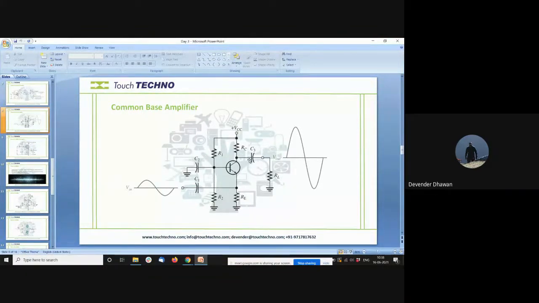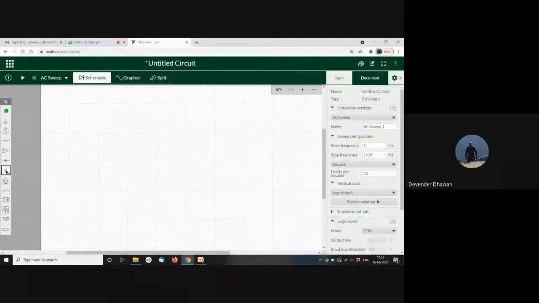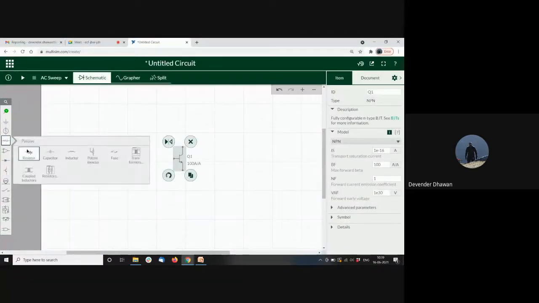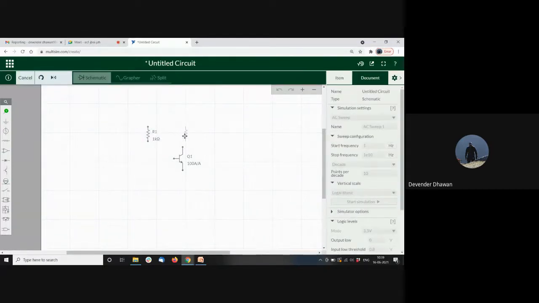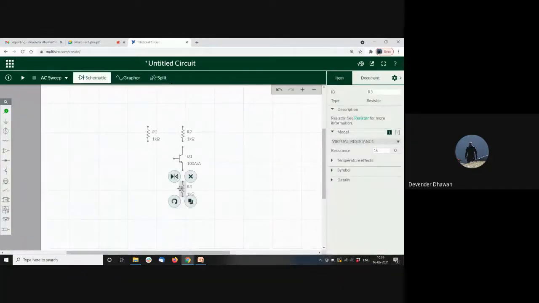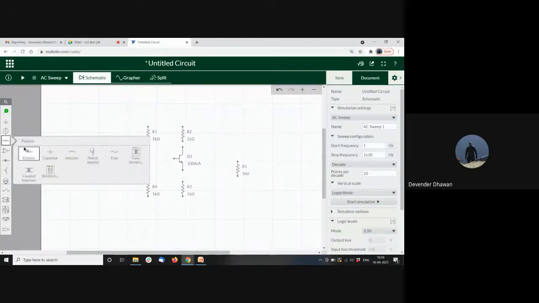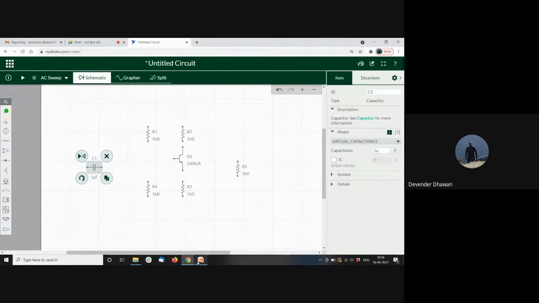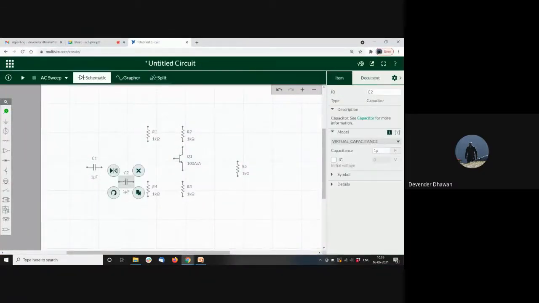Let me just quickly make this circuit. Okay, so let me just connect these.